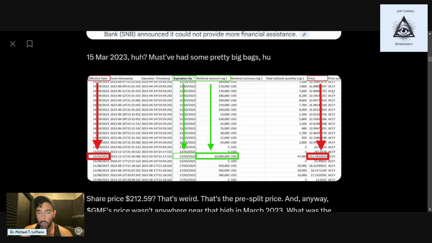Supposedly this swap was entered into in 2023, but GameStop has gotten nowhere near $212 a share since the post-split adjusted price. So this price that's showing on the swap has to be from 2022. And we don't have any prices from 2022 anywhere near there.